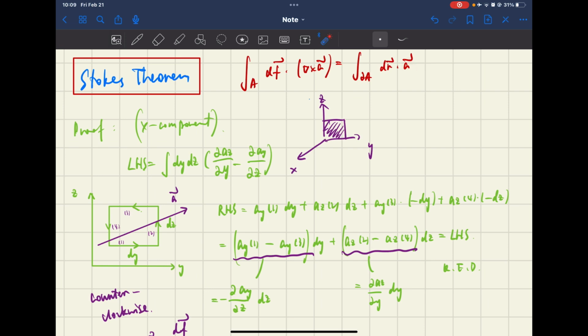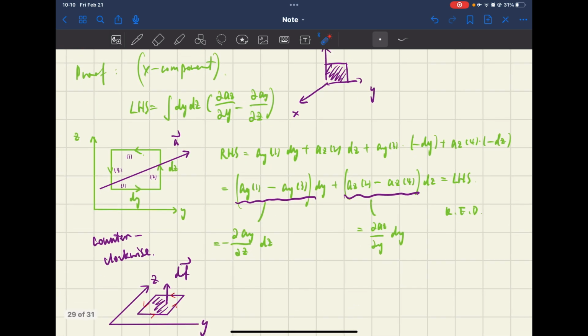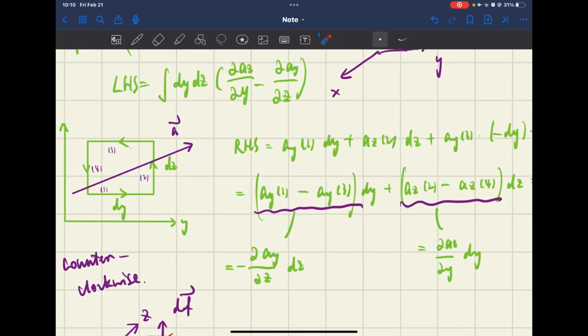On the right hand side, what we essentially want to calculate is the vector A flowing over all the edges of the surface. And because we're taking an infinitely small area, its edges will be infinitely small as well.